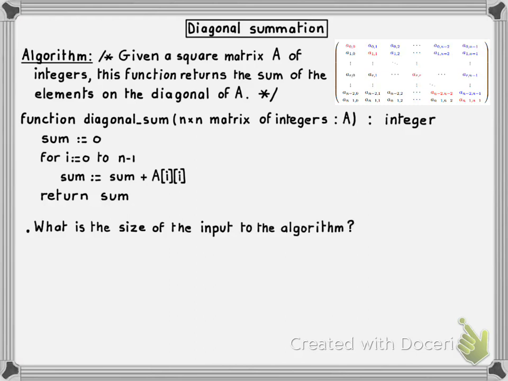Well, it's the size of the matrix A. Now, the issue here is how do we define the size of a square matrix? Well, one way to do it is, since the matrix has the same number of rows and columns by definition of being a square matrix, we just need one number to define the dimension of a square matrix. That's the number of rows.